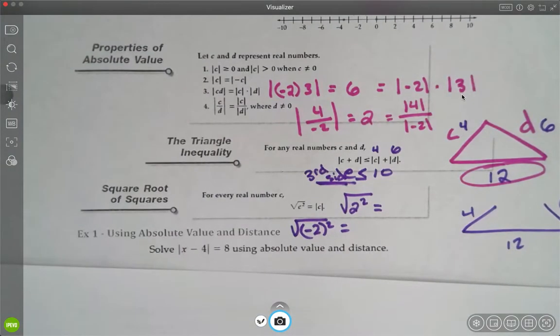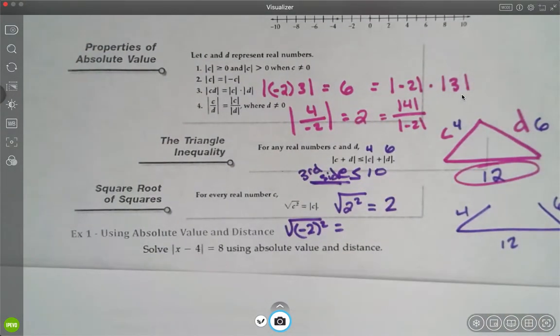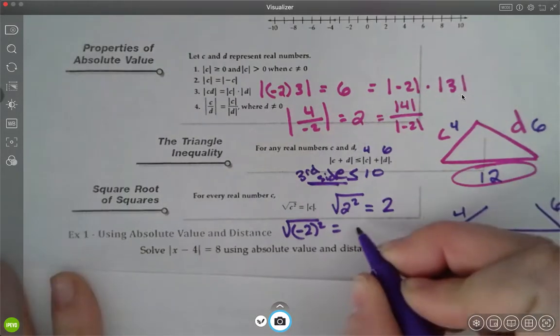If I'm taking the square root of 2 squared, that's the square root of 4, which is 2. For the second one, if I take the -2 and I square it, that becomes +4, and I take the square root of that, that becomes 2.